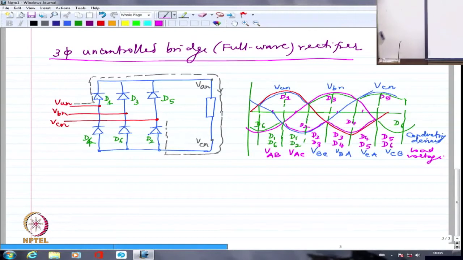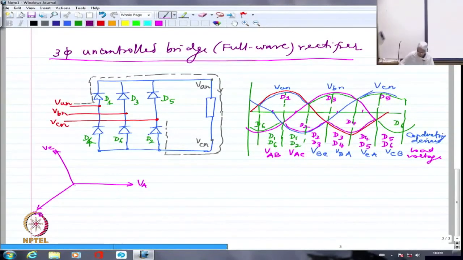This is VAN. I hope you remember the phasor diagrams. This is VA, this is VB, this is VC. This is how we draw per-phase voltages in the phasor diagram. If I want VAB, I have to take B on the other side, so it becomes minus VB.